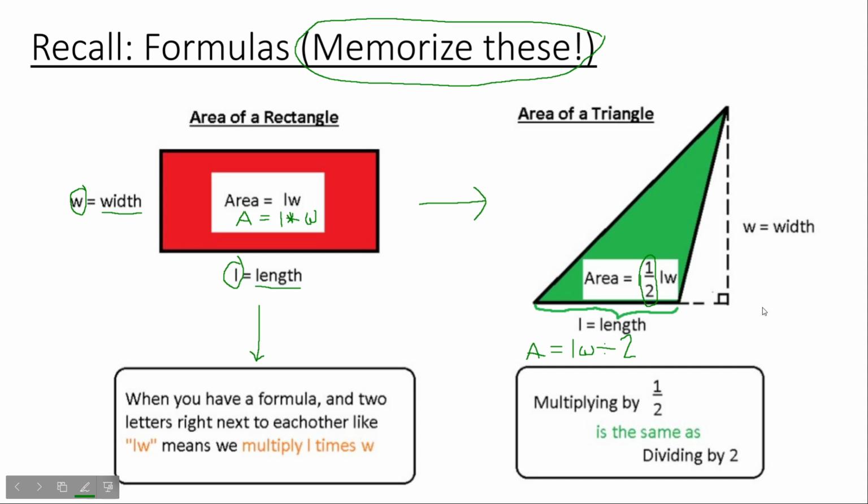Let's take $10. If I split $10 into two halves, or in other words, I find out what half of $10 is, it's going to be 5, right?